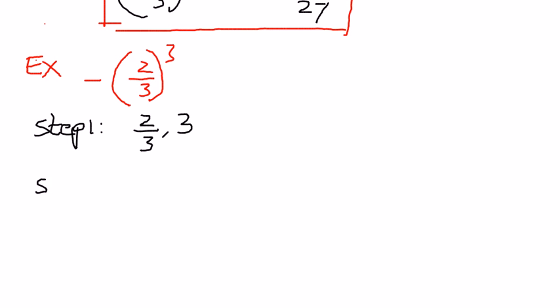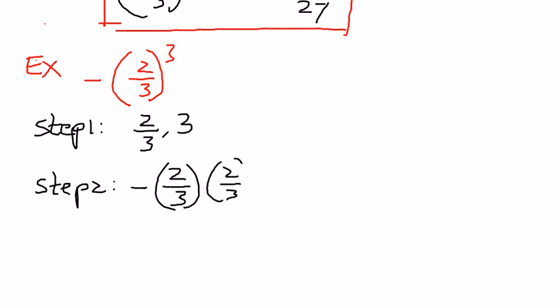In step number 2, we're going to apply the concept. The concept is telling us that the number of times the base term needs to be repeated is indicated in the exponential term, and therefore we keep the negative sign outside and then repeat the fraction 2 over 3 three times. 2 over 3 times 2 over 3 times 2 over 3, just like that.